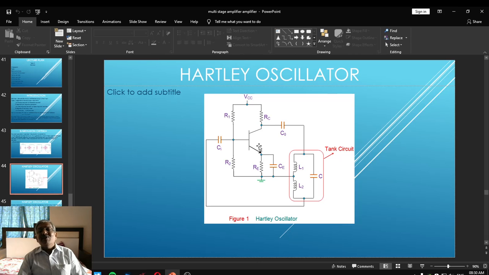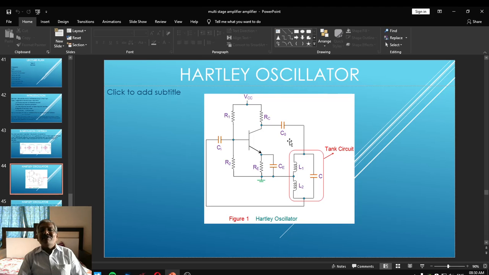Its operating point is managed in the active region so that it starts acting as an amplifier. When it starts acting as an amplifier, the collector current will start flowing through the collector. The coupling capacitor blocks the DC and allows a path only for AC.